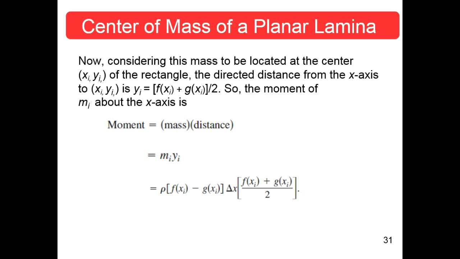So the moment about the x-axis, M sub x, is going to be mass times that y value, which is density rho times this times that. That's your mass, and then your distance is the average distance between these two y's, f and g. So all this is a function of x, which you can integrate.